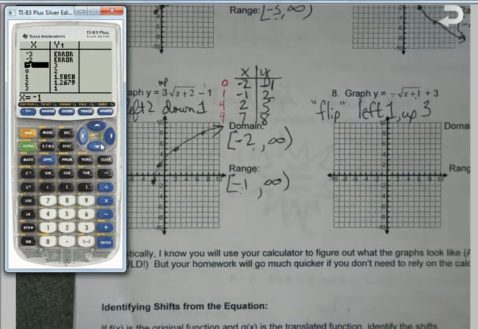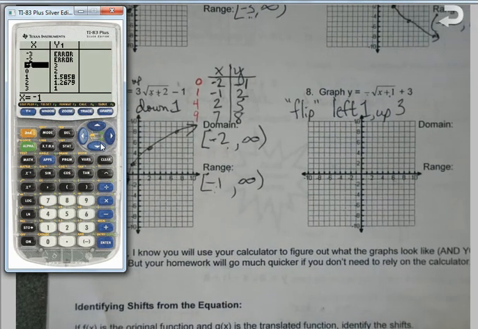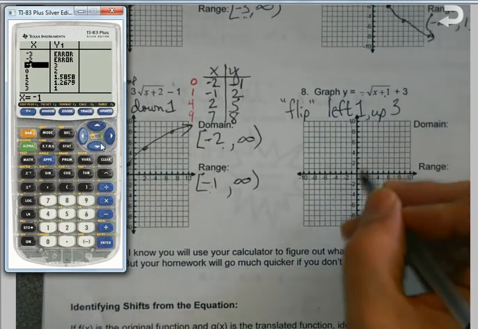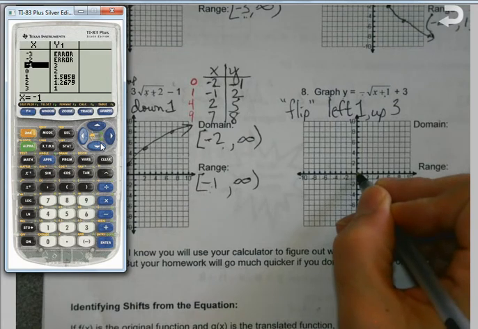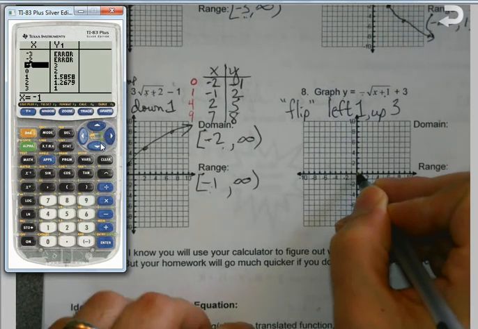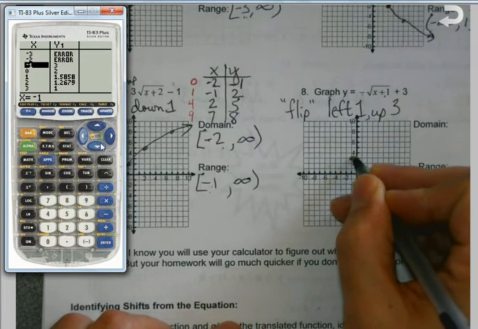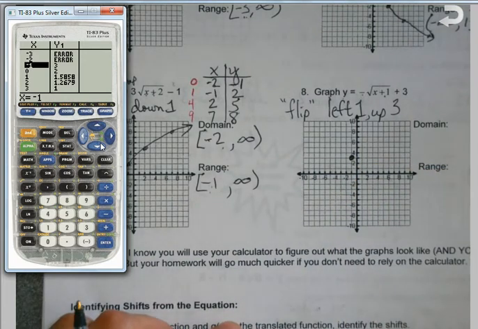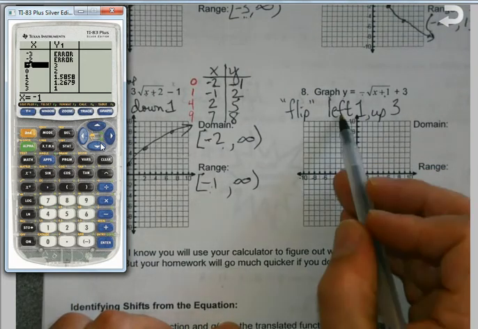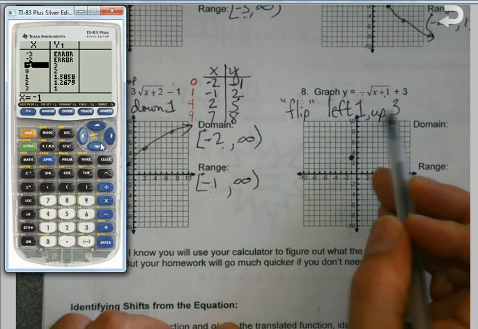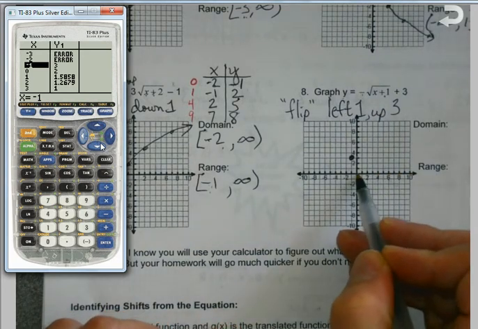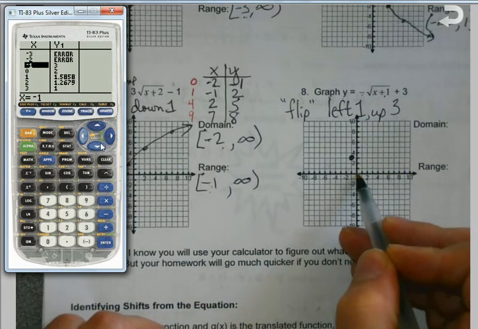But here's one more thing I maybe didn't talk about as much yesterday that might be helpful. If I start here, okay, and notice my first point in the chart says -1, 3, I can figure that out before I ever go to the chart, because when I know what my shifts are, my mother graph, or my base graph, always starts at 0, 0.